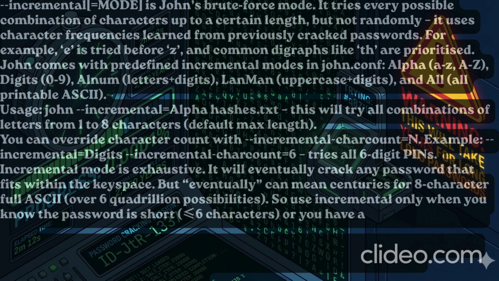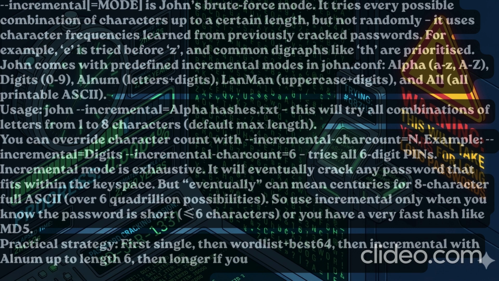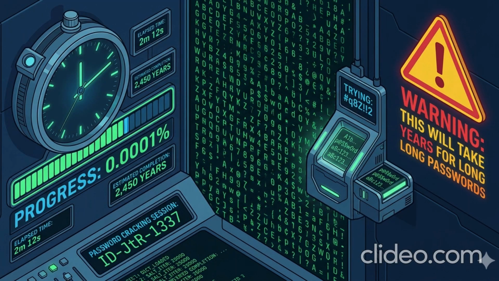So use incremental only when you know the password is short, 6 characters, or you have a very fast hash like MD5. Practical strategy: first single, then wordlist plus best64, then incremental with Alnum up to length 6, then longer if you have time. Never start with incremental, it's the last resort.